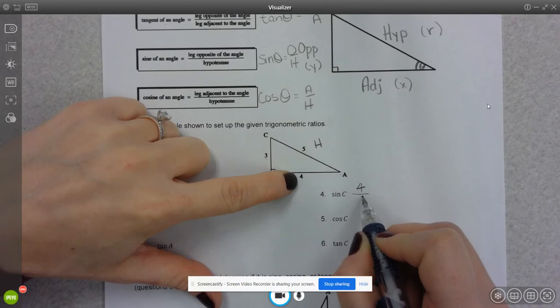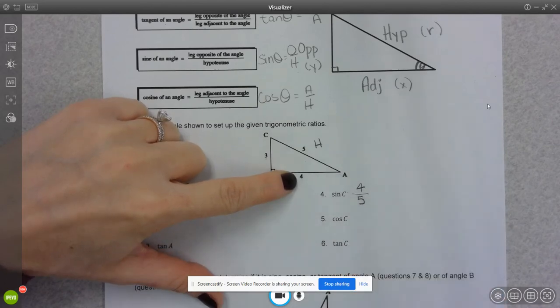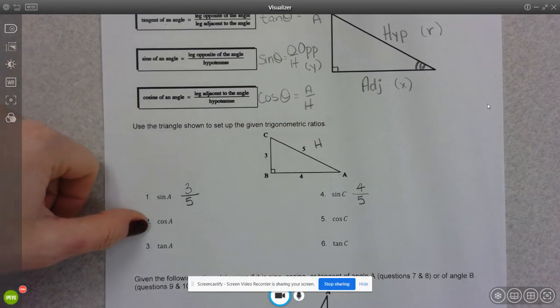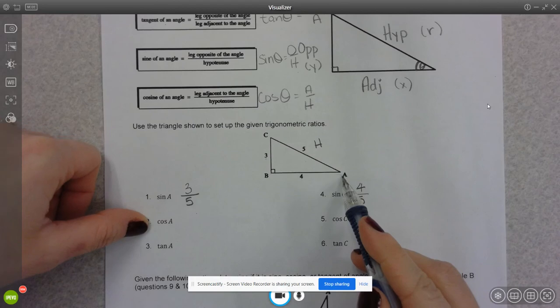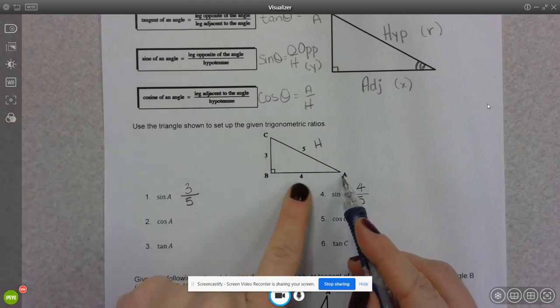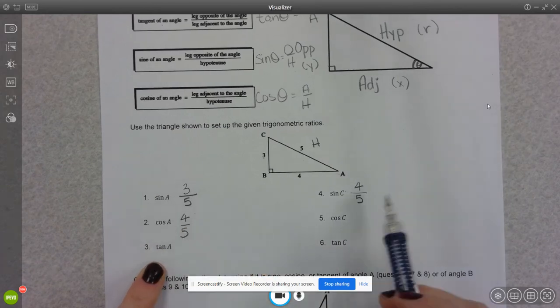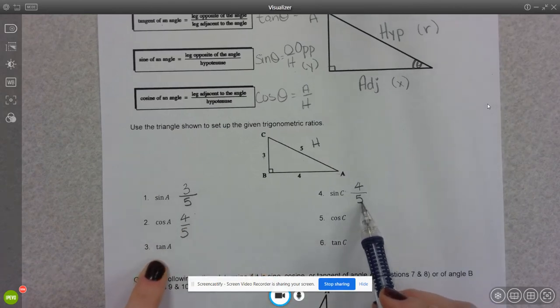So this would be 4 over my hypotenuse of 5. Cosine of A, well, here's A. Adjacent is 4. Now that should look familiar because we literally just had that proportion.